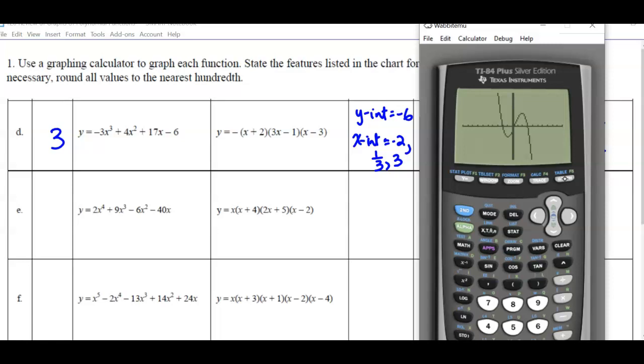Okay, so remember how to find your max and min. If I do minimum, that's number 3. It asks me for the left boundary, so there's where my minimum is. So this is where it's annoying. I'm just going to go to the left of where I think it is, enter on that.